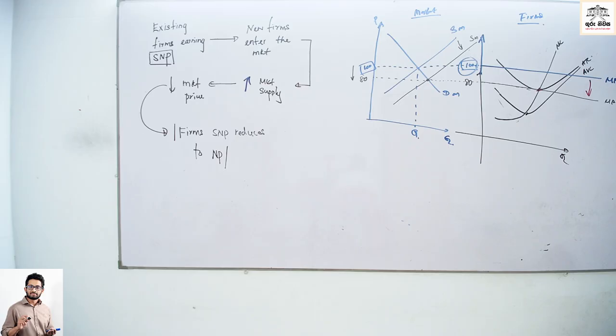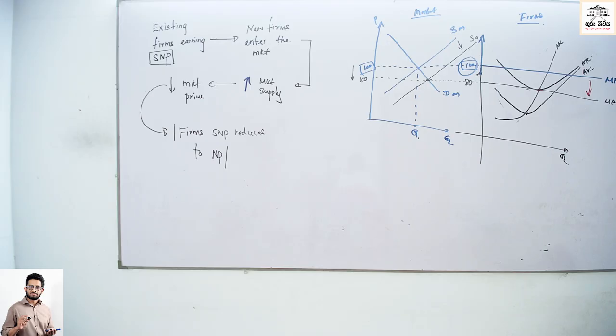Finally, in the short run, even though firms earn supernormal profit, in the long run the firm will end up with a normal profit level, because more firms come into the market, then market supply increases, causing market price to decrease. When market price decreases, we can't earn supernormal profit.